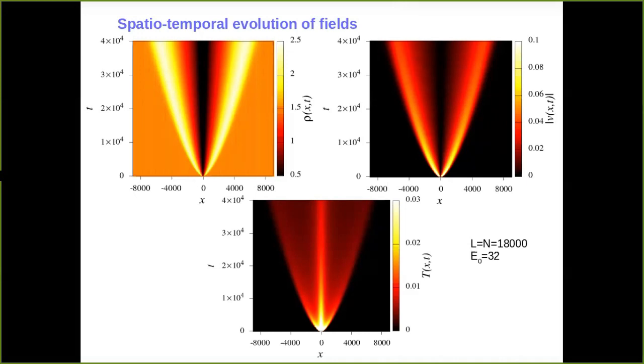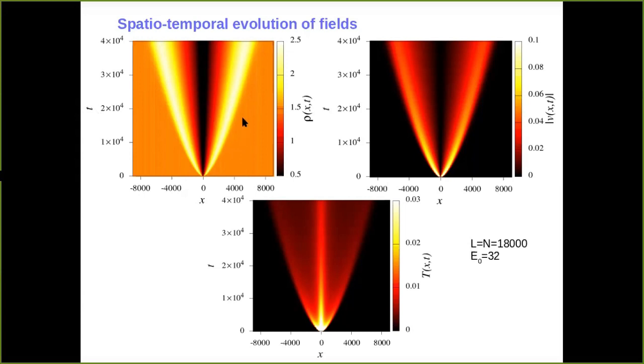Sure, thanks. So you can see the growth is not ballistic. This is half ballistic. This is t versus x. If you fit this, you will see t will go as x to the power 3 by 2, that is, x will go as t to the power 2 by 3.